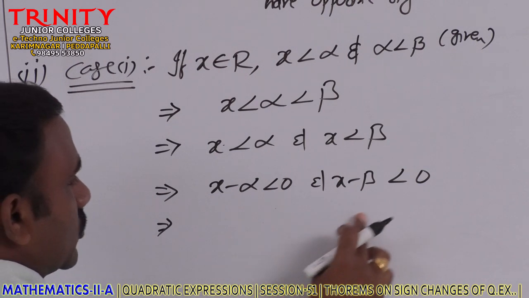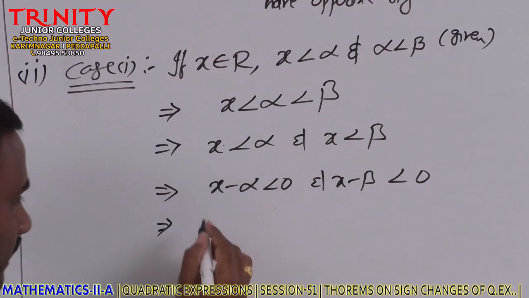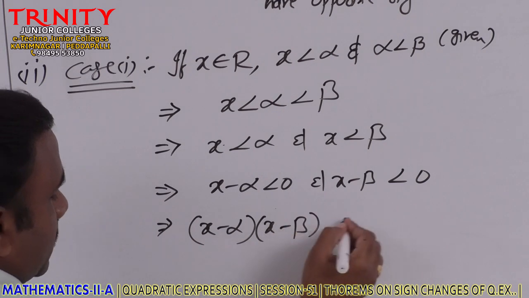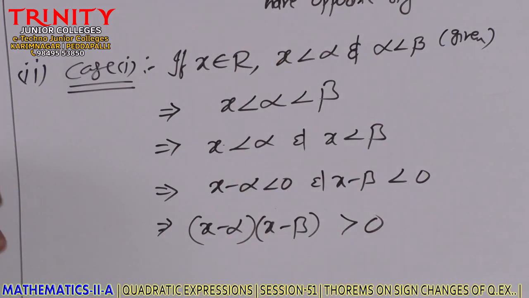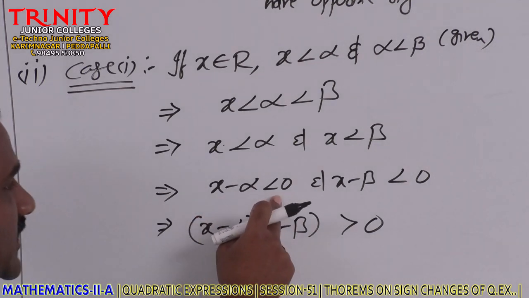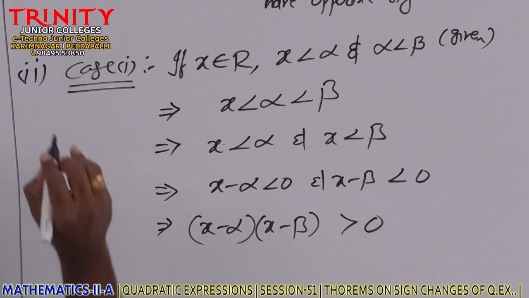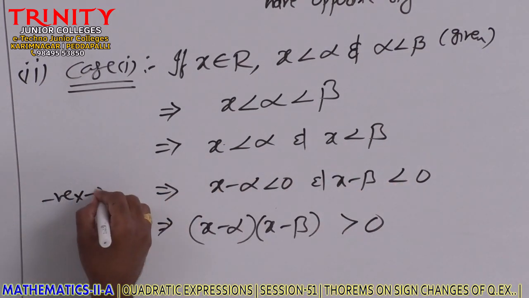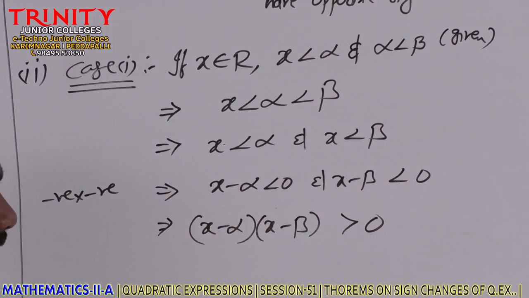Therefore, multiplying these two factors, x minus alpha into x minus beta is greater than 0. Why? X minus alpha is less than 0, means it is negative. X minus beta less than 0, that is also negative.